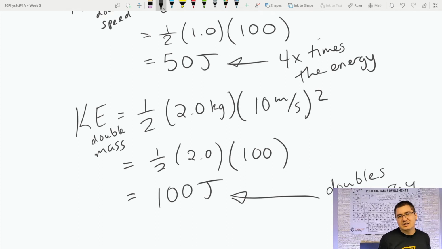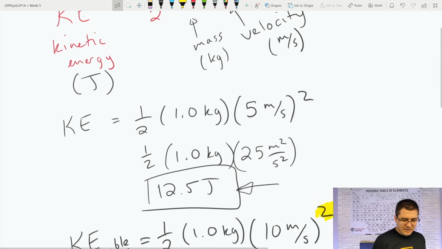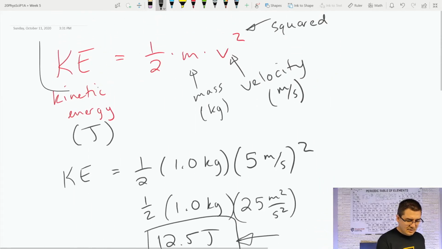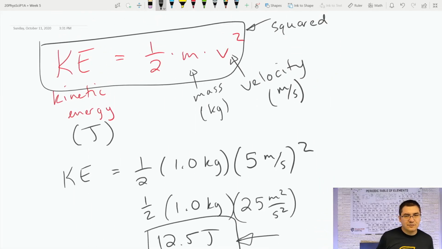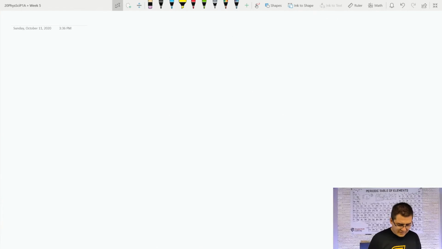A big change in velocity will lead to a really big change in kinetic energy, and that has to do with this formula.